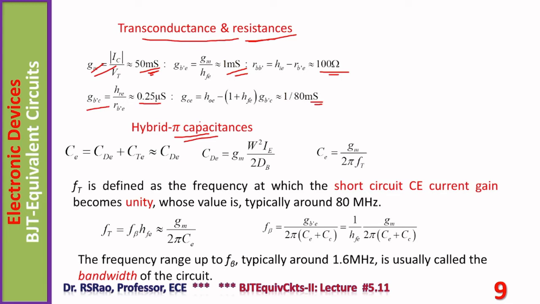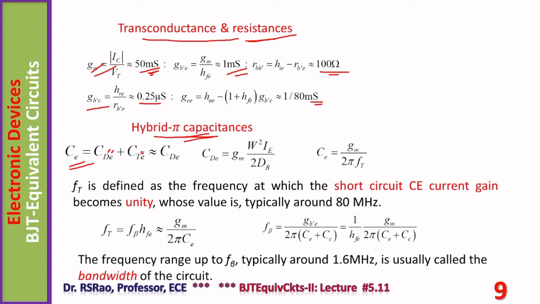Information regarding those two capacitances is provided here under hybrid pi capacitance, CE, the emitter capacitance. It consists of two components, CDE plus CTE. D means diffusion capacitance; T stands for transition capacitance.